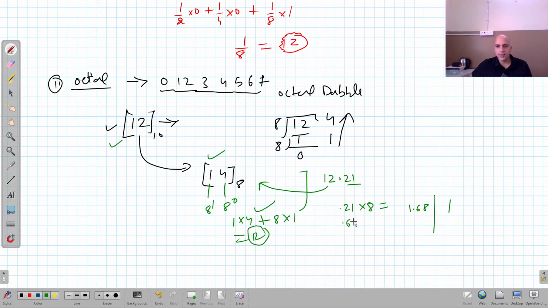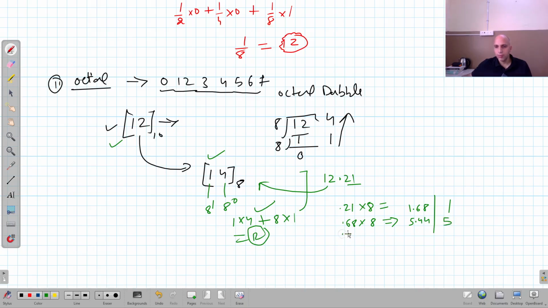Then 0.68 multiplied by 8, right? So again, when you multiply 8, it is 5.44, so now it is 5.